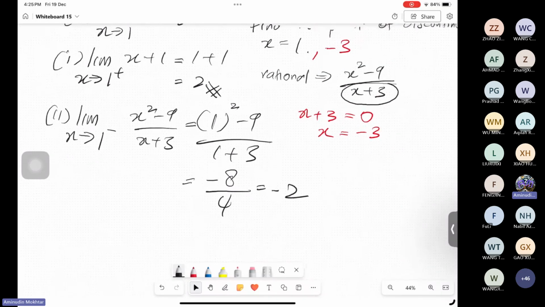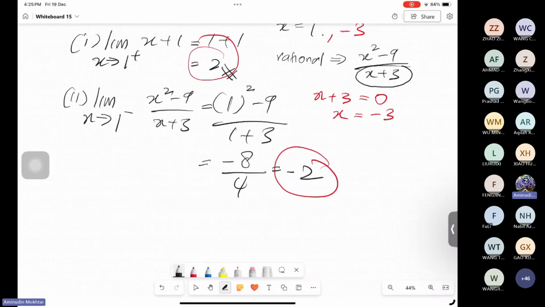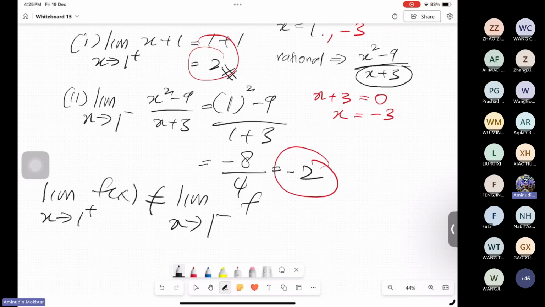Now the left hand limit is negative 2. So here we can see the right hand limit is 2, but the left hand limit is negative 2. We can conclude that the right hand limit of f(x) does not equal the left hand limit of f(x).